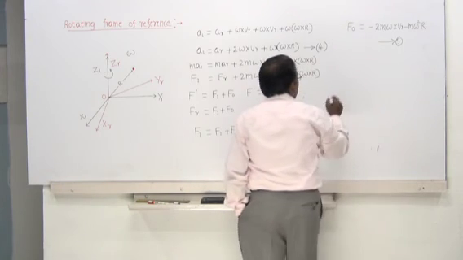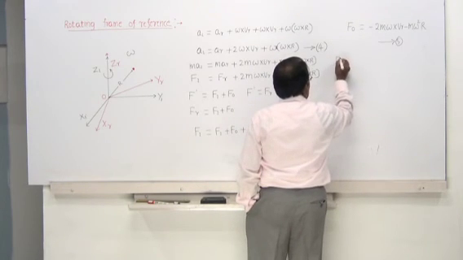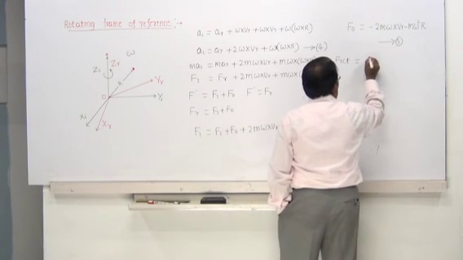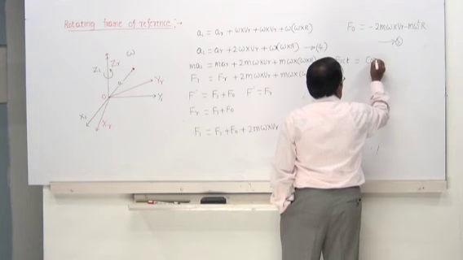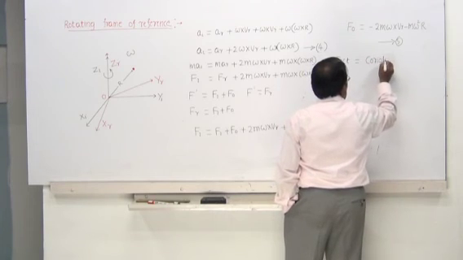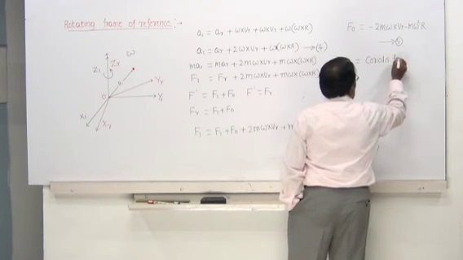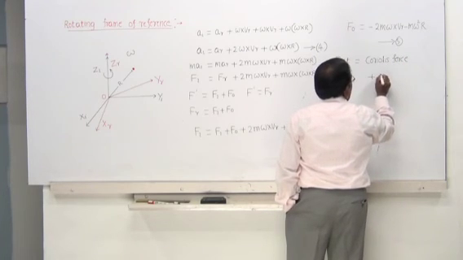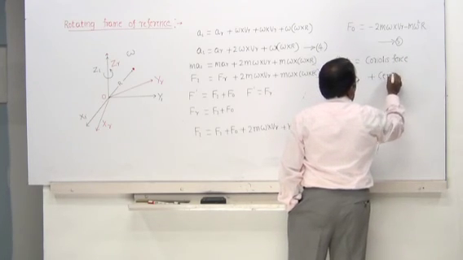So this fictitious force is equal to Coriolis force plus centrifugal force.